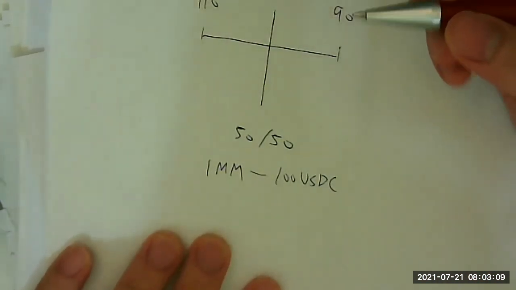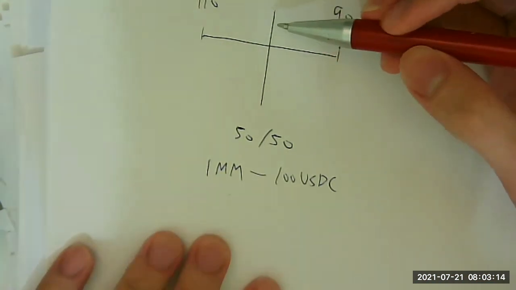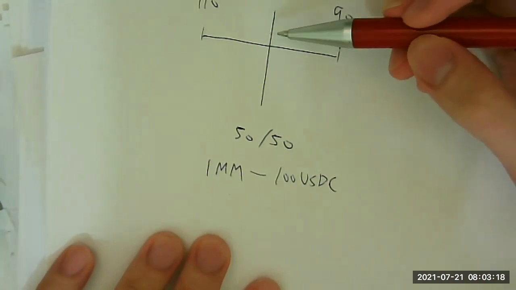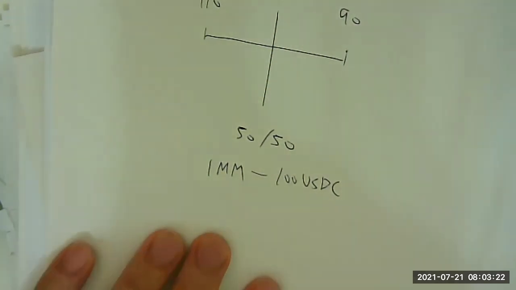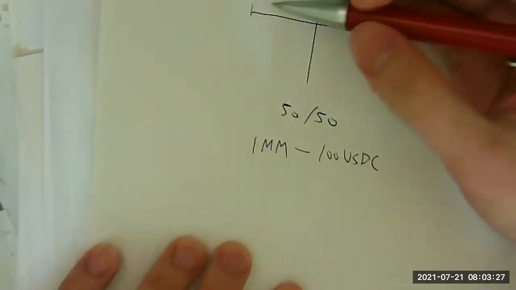And yeah, that's when your range is, well, your maximum and minimum are equally distant from the current price. Now, what happens if you put, say, a much higher range?